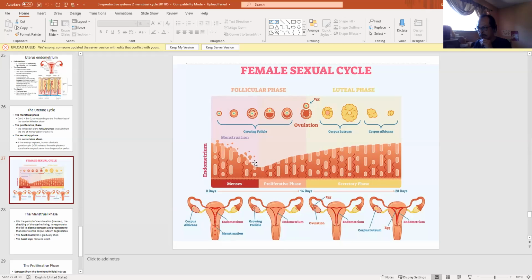Along with this change, we will also have the change in the ovaries. This change in the ovaries is the growing of the follicle. This is called the folliculogenesis, as well as the situation after the ovulation. So this portion is called the corpus luteum.